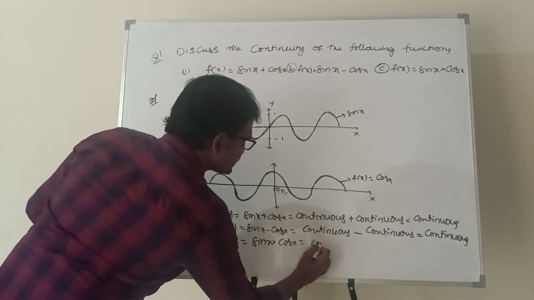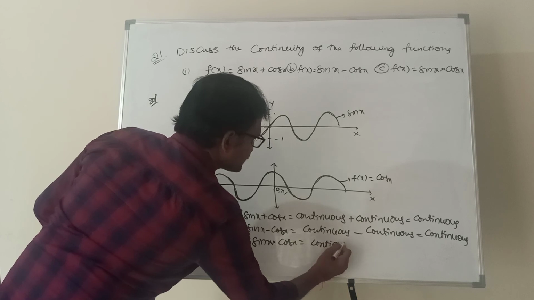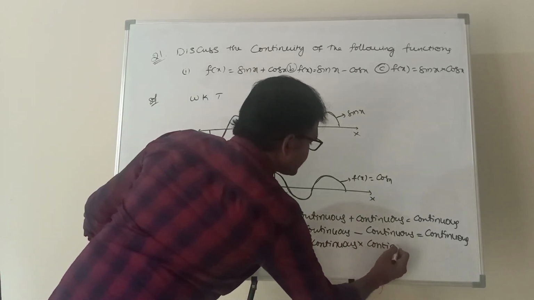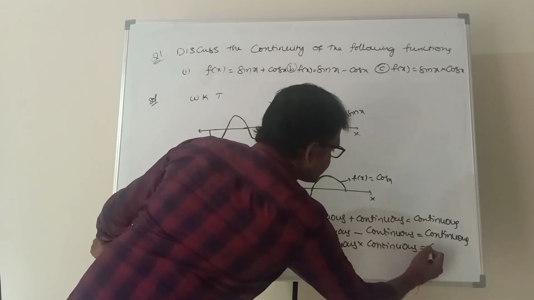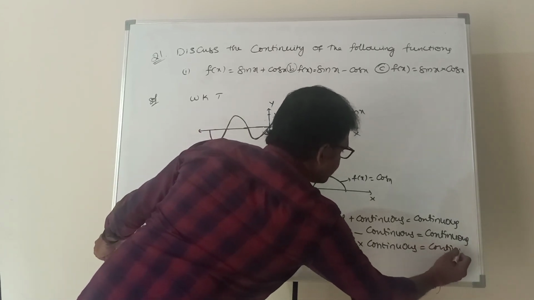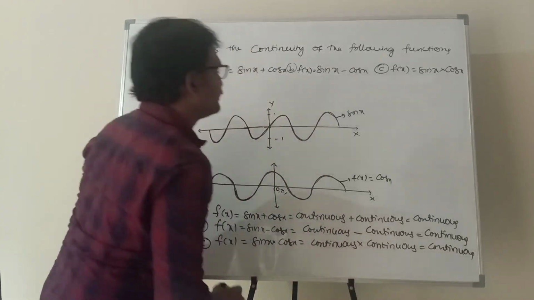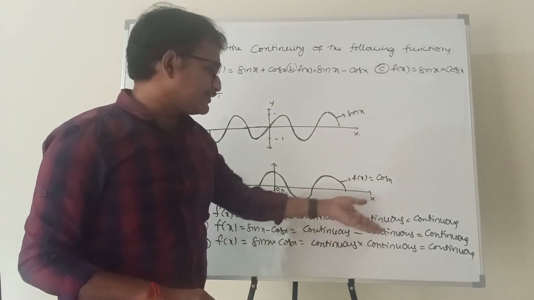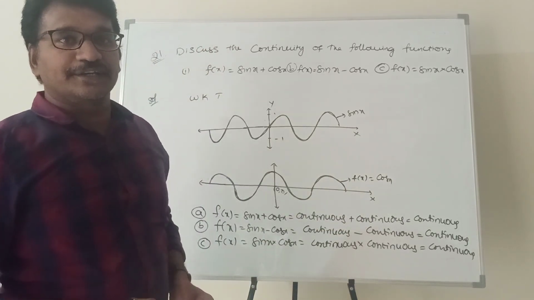Sin x is continuous function. Similarly, cos x is also a continuous function. Therefore, continuous into continuous function gives continuous. So if you add two continuous, or subtract, or multiply two continuous functions, it will always give continuous function only.